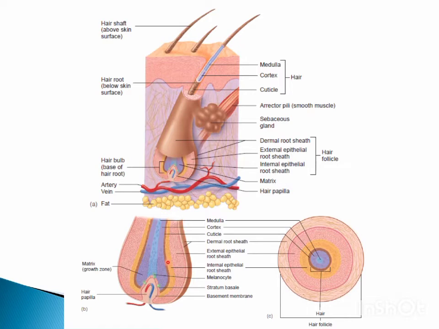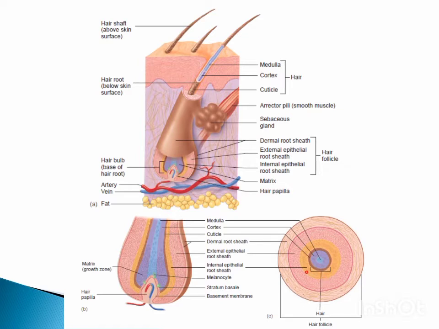The dermis of the skin also goes into the hair as a hair papilla in the hair bulb. It contains blood vessels that provide nourishment to the cells of the epithelial root sheath and matrix. These undifferentiated epithelial cells in the hair bulb are also called the matrix.